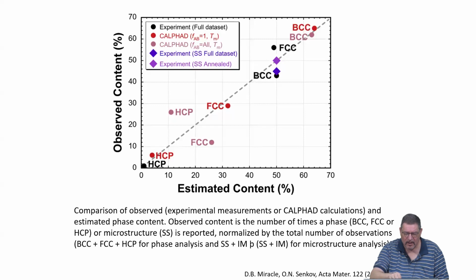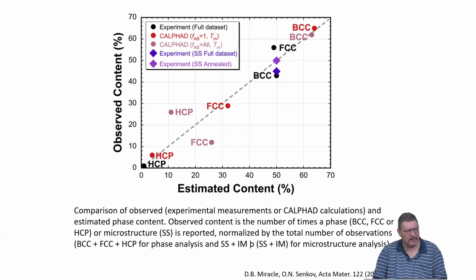And you see that basically this grayish line is lying in between these different data points. And here for Calphad, there are two sets of data given. There's this factor FAB equals 1 or FAB equals all.